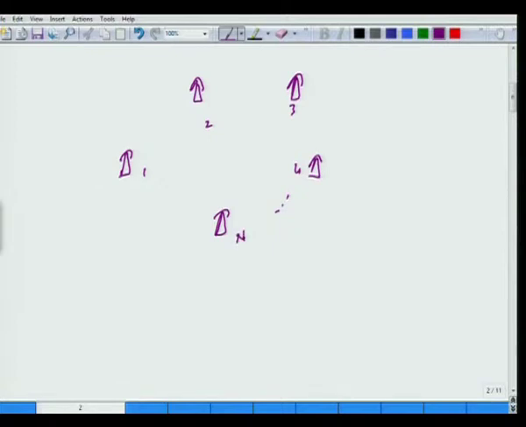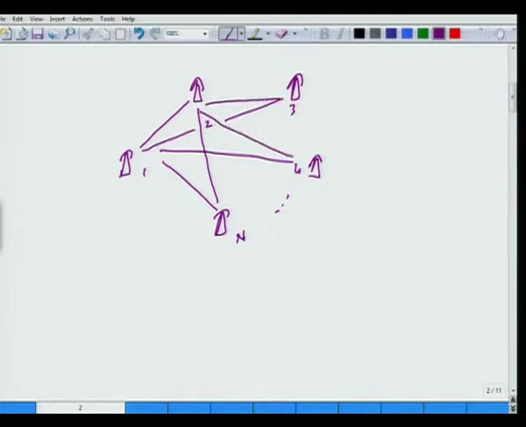So, if I still want to create the same kind of communication mechanism, it is basically a long distance telecommunication thing, then I need to lay my wires all the way to every user which I know, but this is true only for node 1, same is going to be true for node 2, same is going to be true for node 3 and same is going to be true for node 4 and so on.